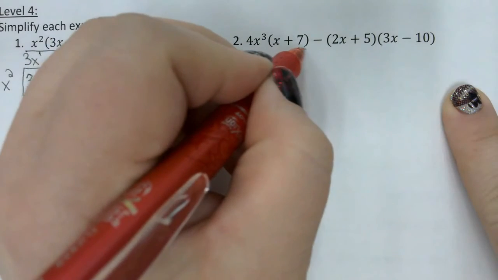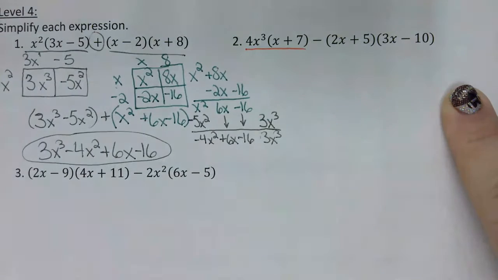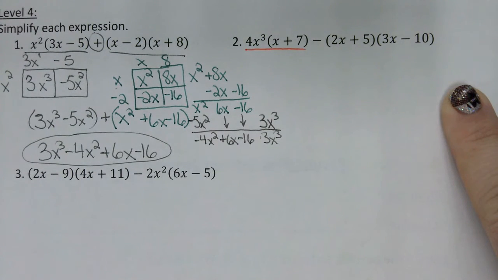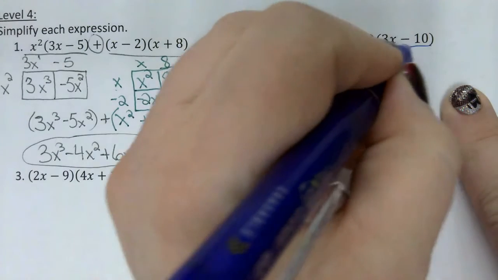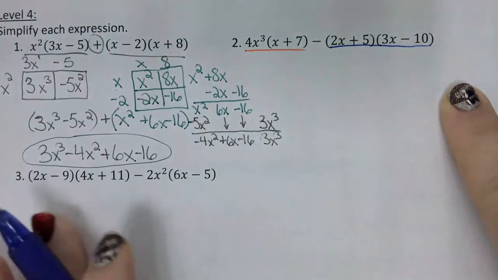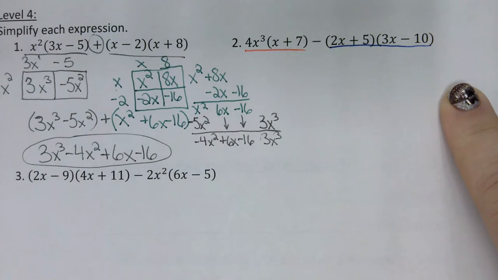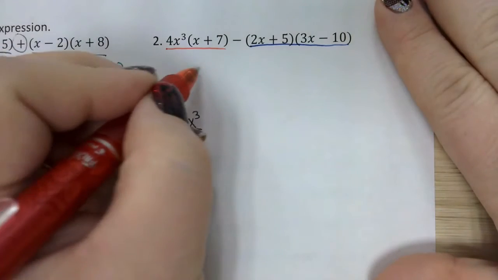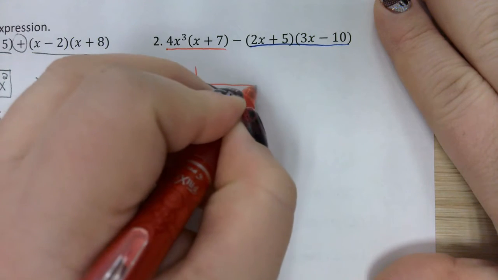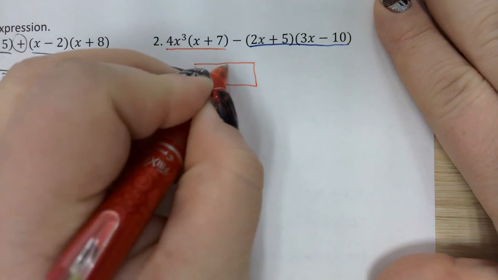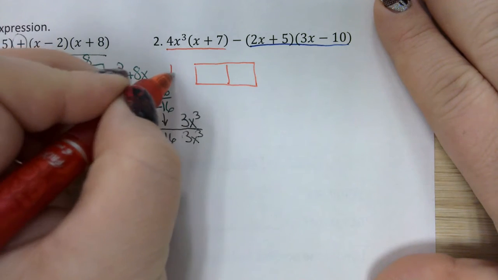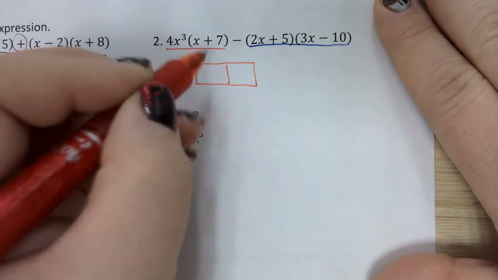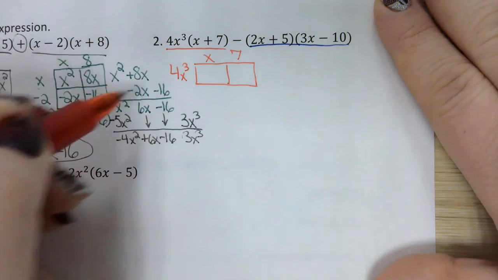So I'll need to multiply here, and I'm going to need to multiply here. So let's do the red one first. One term times something with two terms means I need a 1 by 2 box. 4x cubed, x plus 7.